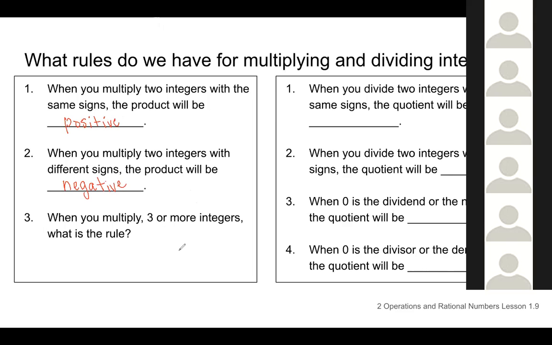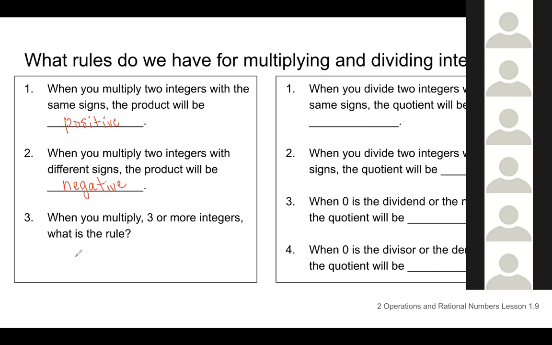When you multiply 3 or more integers, your answer will be positive if you have an even number of negative integers. So you have at least 2 of them.